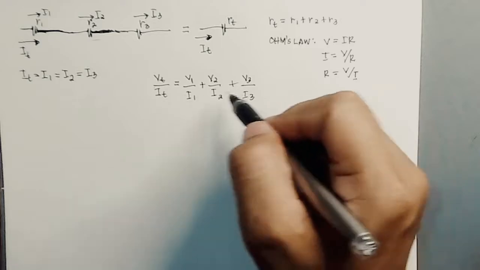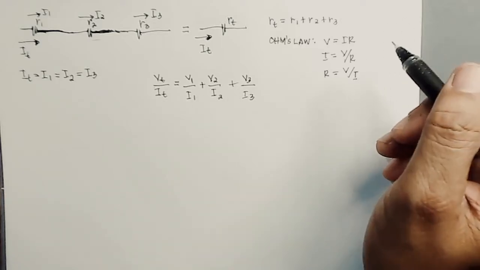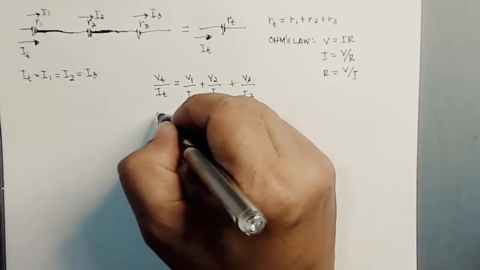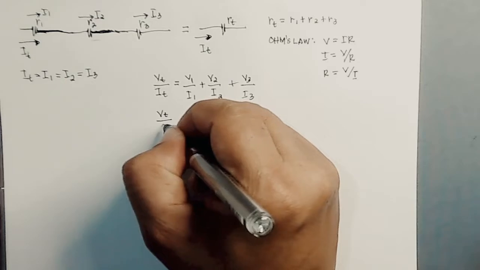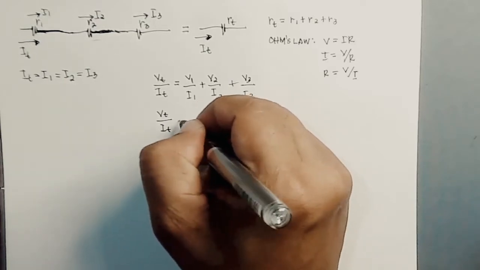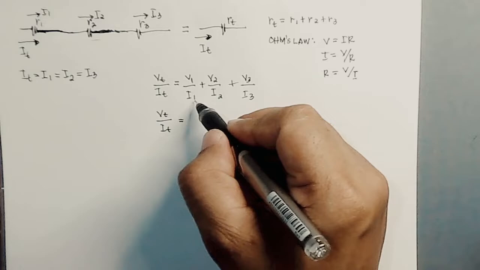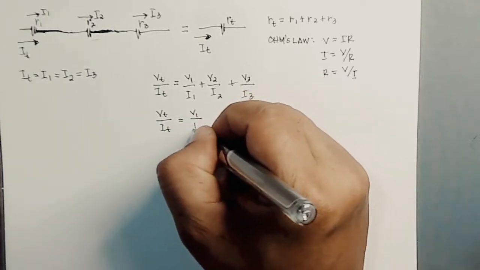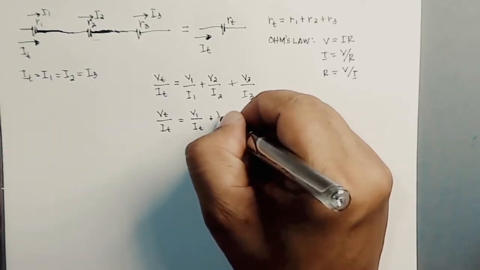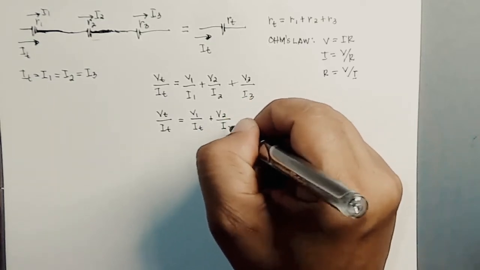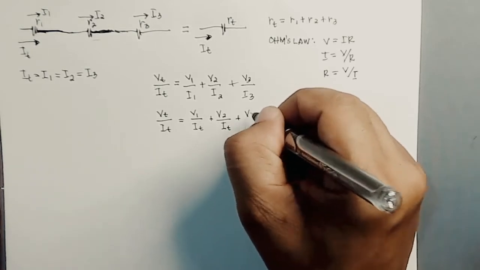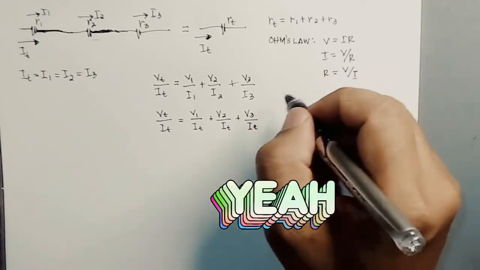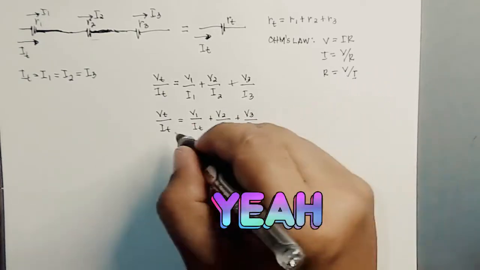Okay, so this is an equation in which we use the other parameters of our circuit, but this is actually resistances. Now we know that the currents here are equal, so rewrite the equation: V sub T over I T is equal to, instead of writing I sub 1, I will write I sub T. So this will become V sub 1 over I sub T plus V sub 2 over I sub T plus V sub 3 over I sub T. Okay, so it means that we will be having a common factor here.